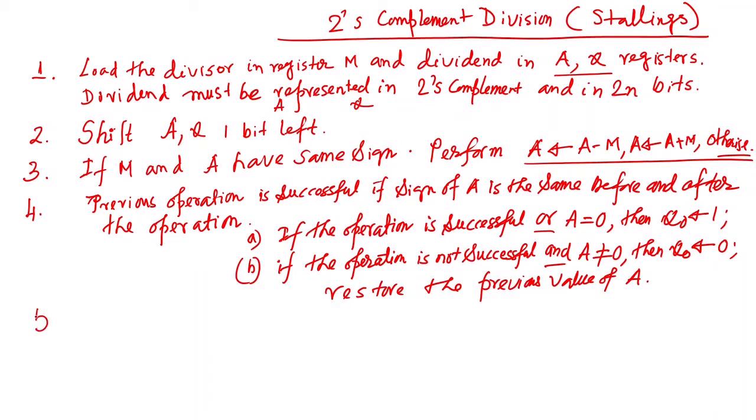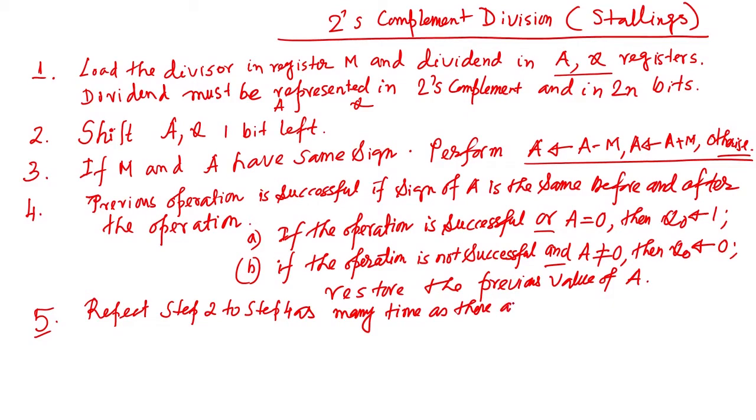Now, fifth step, repeat step 3 to step 4 as many times as there are bits in Q, that means there are untouched bits in Q. Okay.